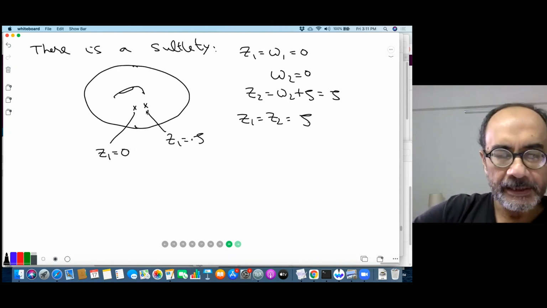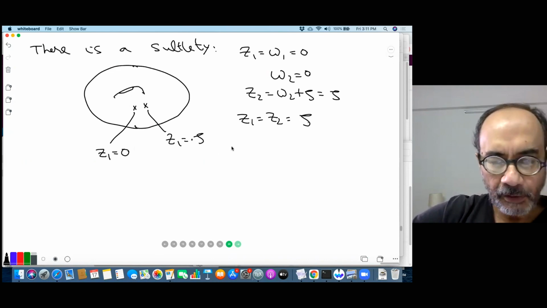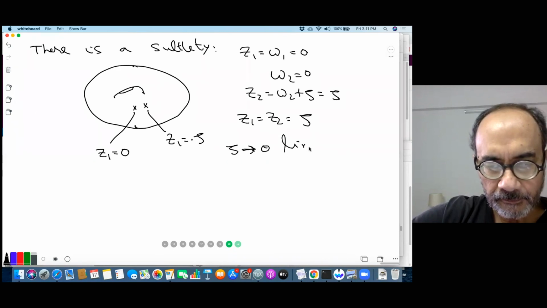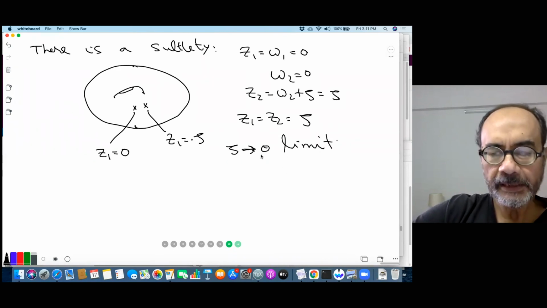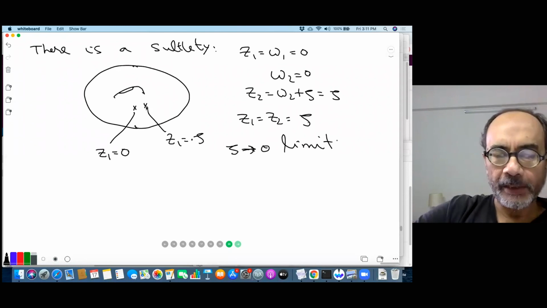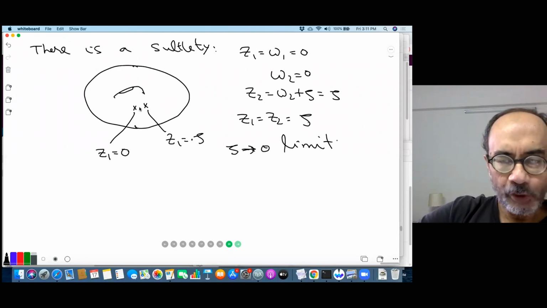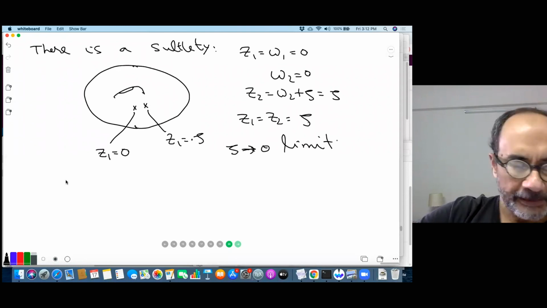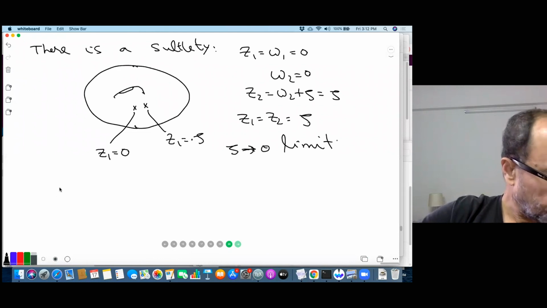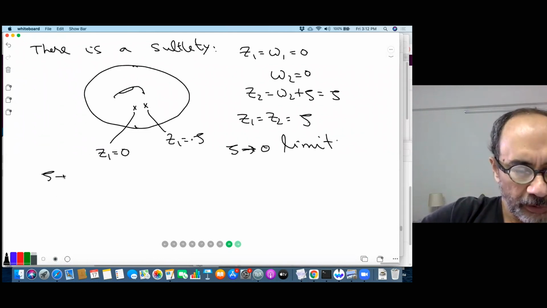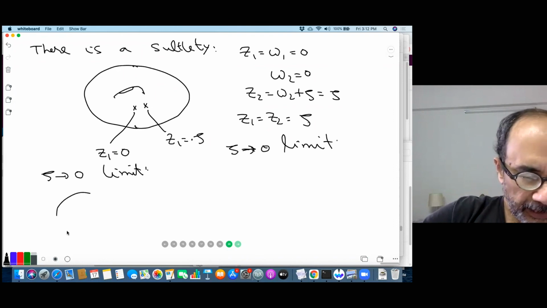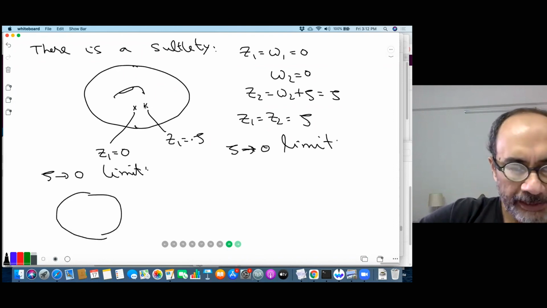So now you have to integrate over zeta. Consider the limit zeta goes to 0. In this limit, the two punctures are coming together. So one should think of this as a plumbing fixture. So zeta goes to 0 limit has to be thought of as two things coming together.